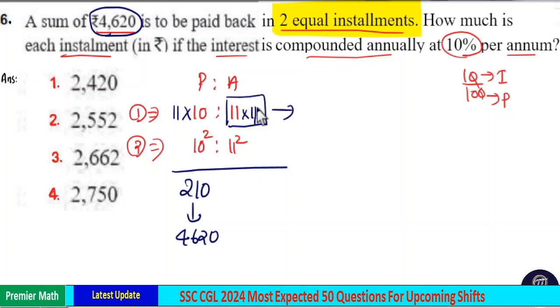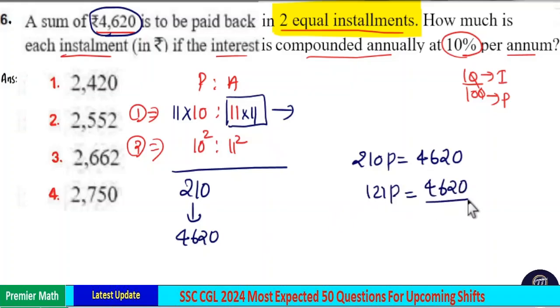So if 210 part is equal to 4,620, then we have to find out what 121 part is. 121 part is equal to 4,620 divided by 210 into 121.